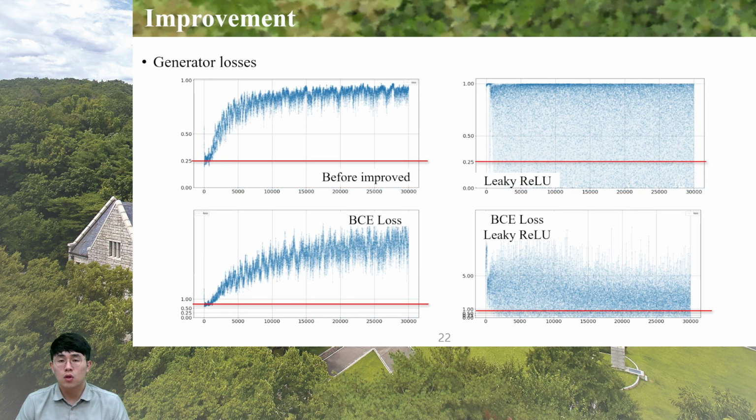The generator loss graph showed the same result. After applying the improving method, the loss value existed over a wide range, which can be determined to produce better results.